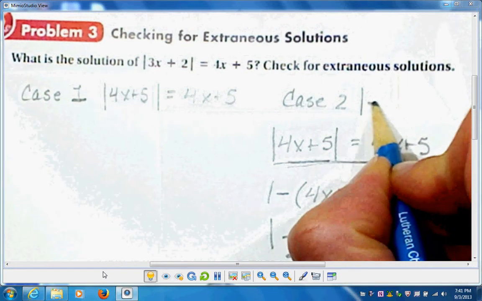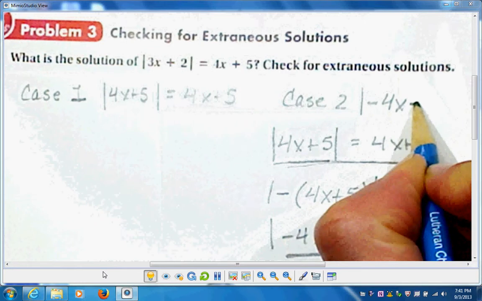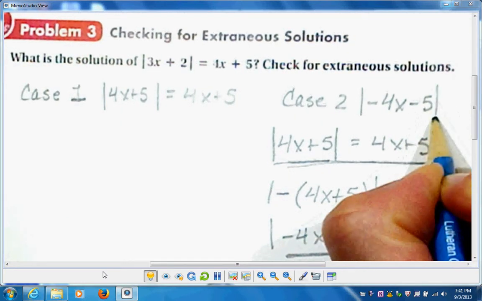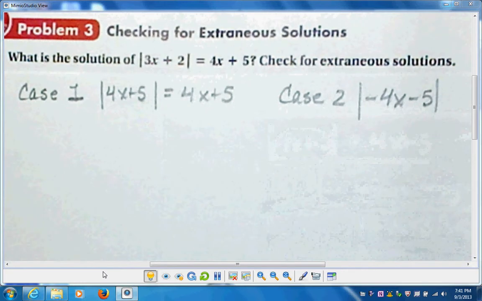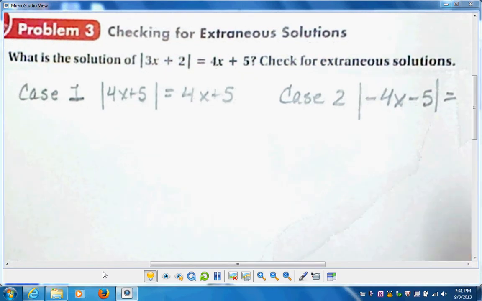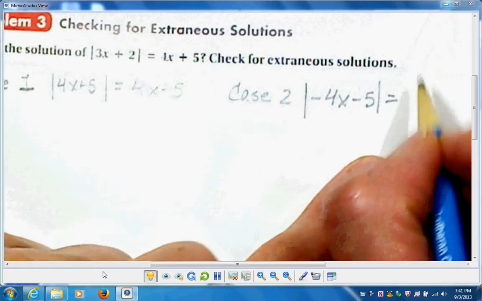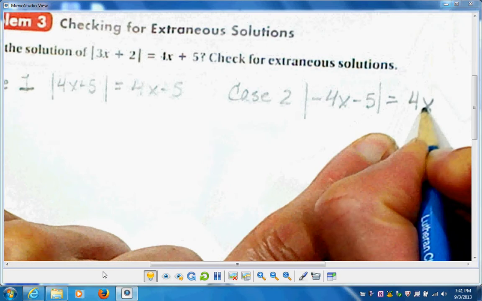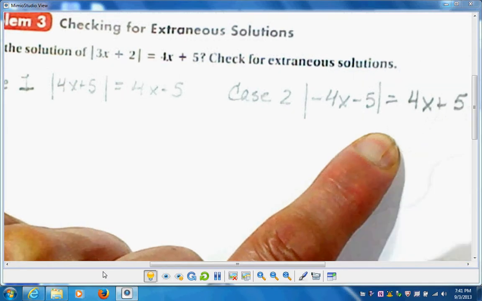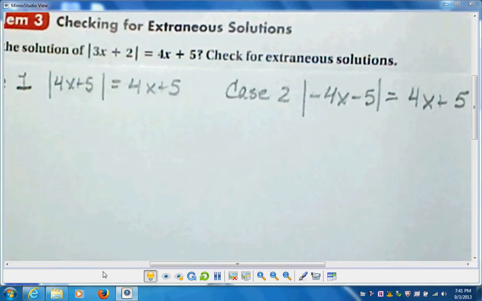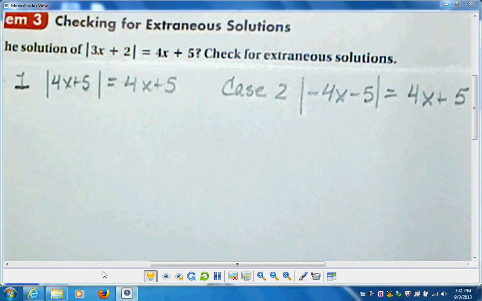So that's the absolute value of negative 4x minus 5, and that absolute value is equal to 4x plus 5. Okay? So we're going to use that concept to help us set up case 1 and case 2.